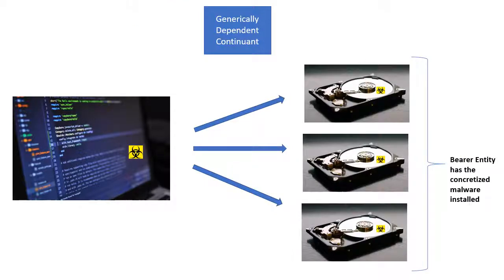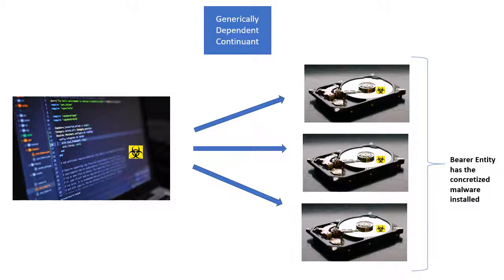One of the most important BFO terms needed in the new malware ontology architecture is generically dependent continuant. Malware entities are encoded in some bearer entity, but malware doesn't specifically depend on any particular bearer.